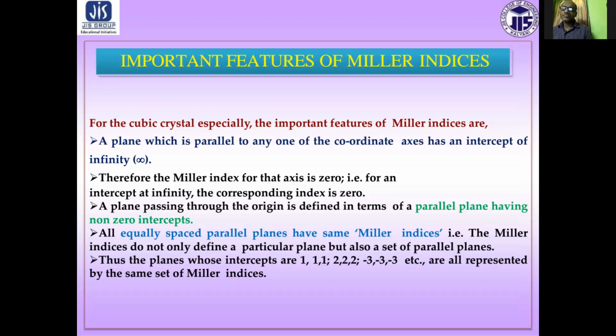Now, it is very important to know the important features of Miller indices. First of all, for a cubic crystal, a plane which is parallel to any one of the coordinate axes has an intercept of infinity.